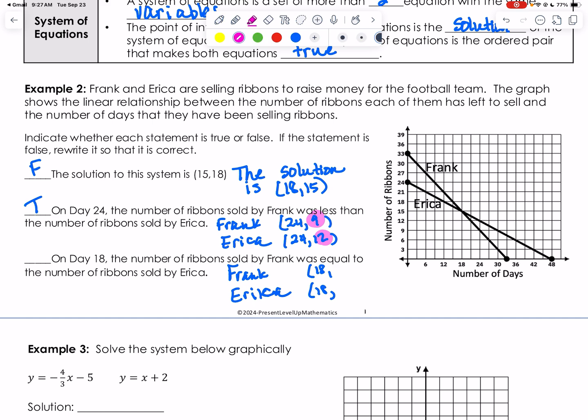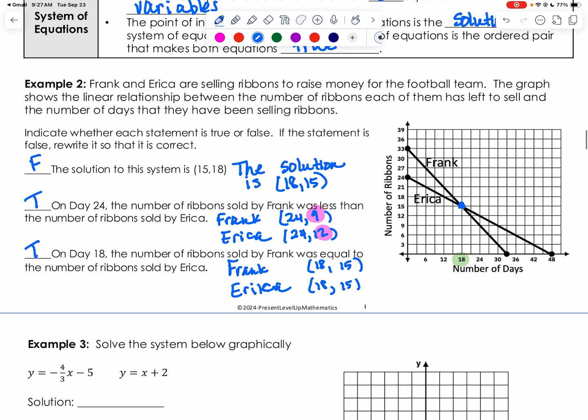All right, so on my graph, I want to find day 18. That's right here. And we have an ordered pair right here. And sure enough, they both sold 15 ribbons on that day. So this statement is also true.